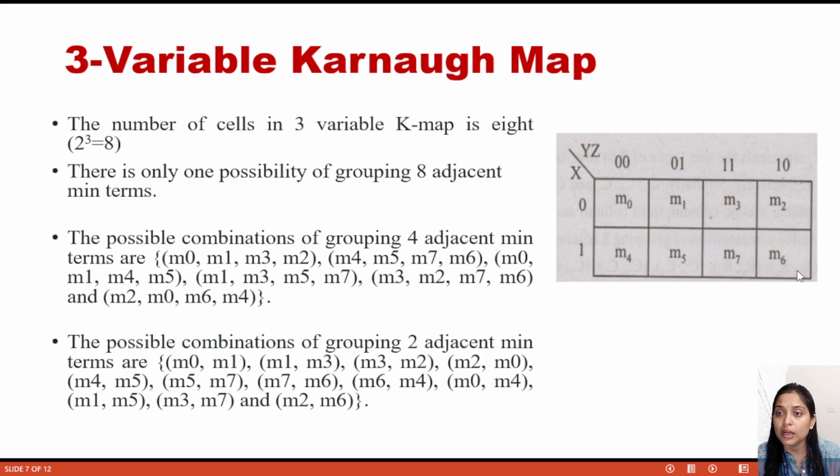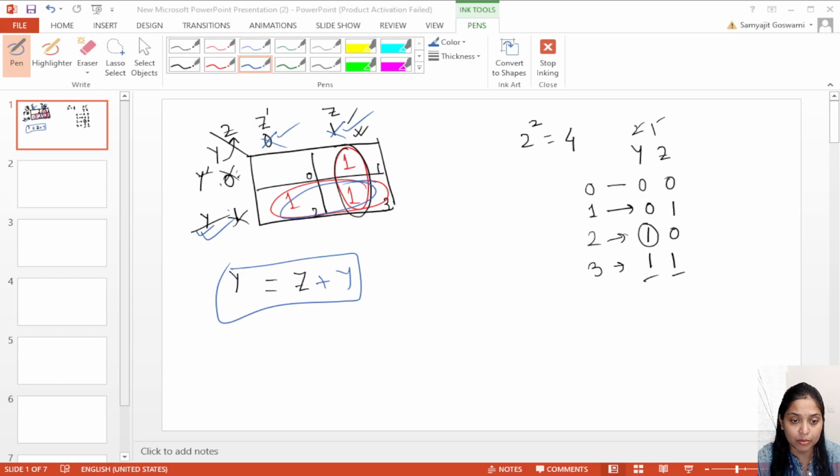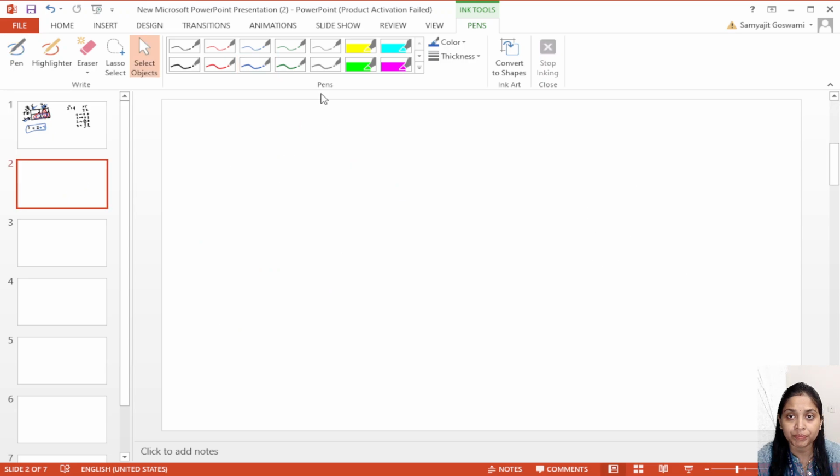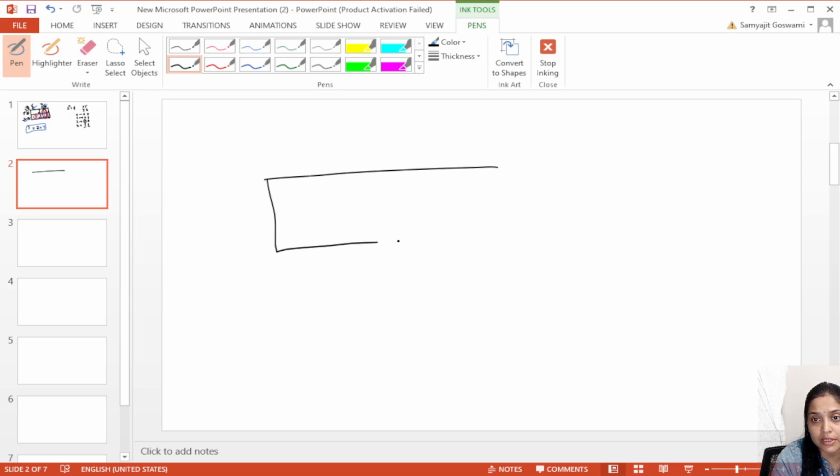Now I am again opening my notebook. Here first of all I will show you the 3 variable Karnaugh map, where we have X, Y, Z in this way.